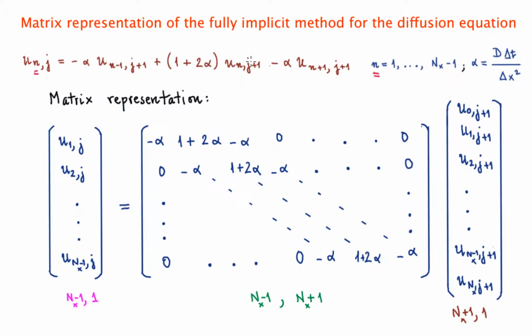But for that, we need the matrix to be a square. And it's not a square, because you can see here the dimensions of the matrix are nx minus 1 and nx plus 1. So you cannot do the inversion. So you have to use some strategy in order to make that matrix a square. And that's what we are going to do next.